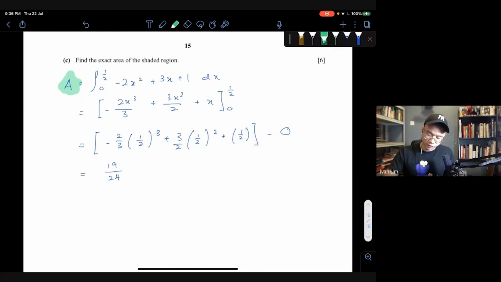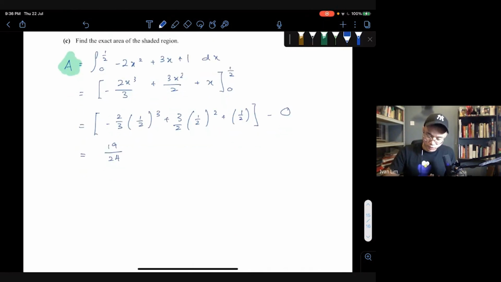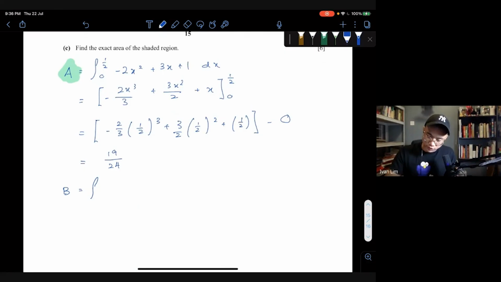Okay, area B. We integrate. Look again, what they're asking for. Exact area. Okay, exact area. So we need to give it in exact value. So just now from 1 over 2 to 1 plus root 5 over 2. Your second equation is 1 over x.